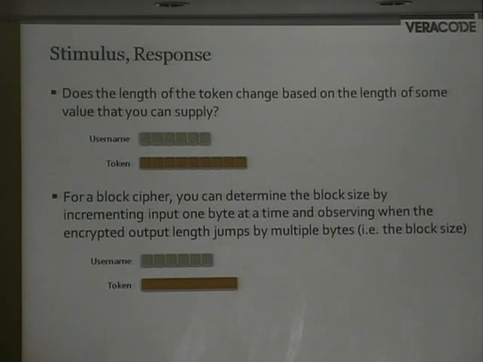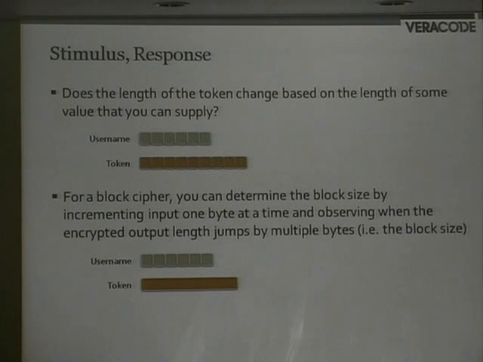Then you start with the tokens themselves. You're trying to figure out which pieces of data within the web application itself affect that blob that you're looking at. Let's say, in this case, the token is a cookie.